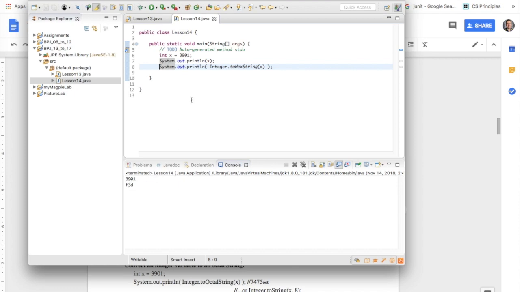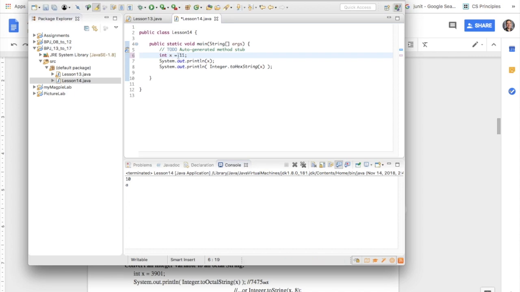Let's start out with some smaller numbers like the ones that we talked about earlier. So suppose we start out with x equals 1. And we print that out, it's the same in decimal or hex. If we have a number like 9, it's the same in decimal or hex. But if I go to bigger numbers like the number 10, it prints an A because A is the symbol for hex 10.